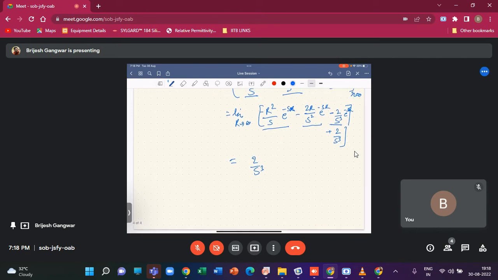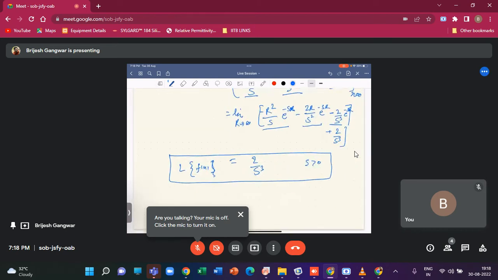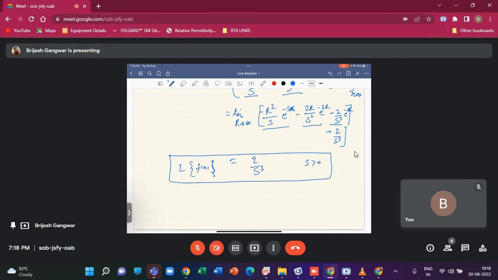So this will be the Laplace of f(x) with the condition s greater than 0. Okay, so for a simple function like x to the power n, you can remember that the Laplace will be n factorial upon s to the power n plus 1.